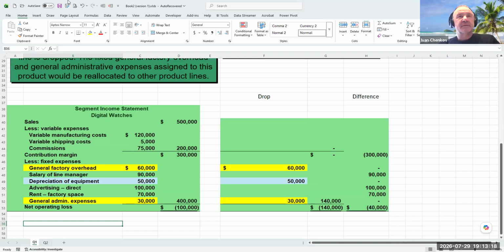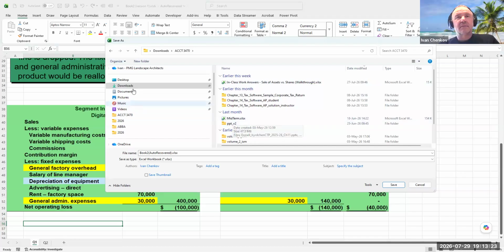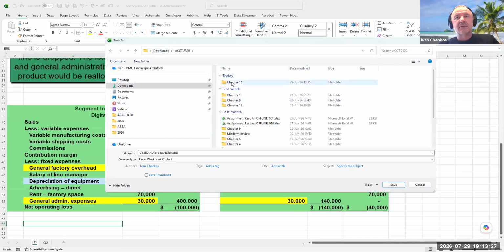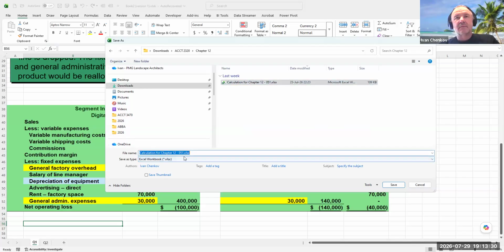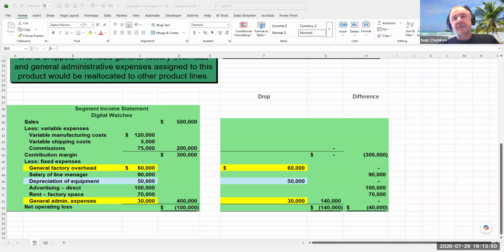Now I have to save this one somewhere, otherwise I'm going to lose it. Okay, so we're covered. Now we can continue with our journey. Now I have the information. Let's see if it's going to let me do it this time. I believe I can now.